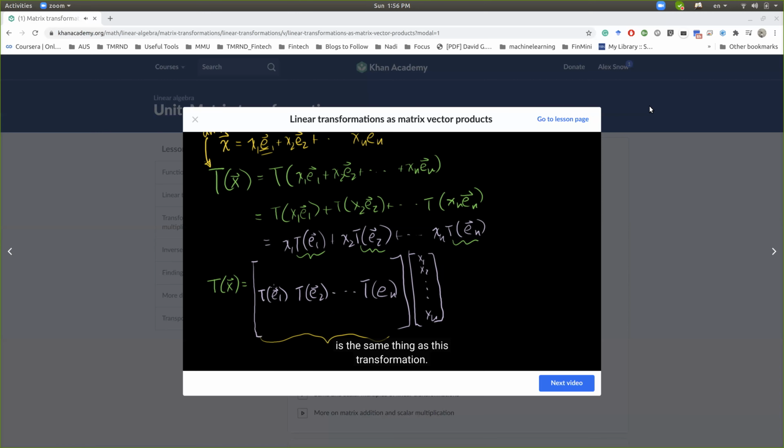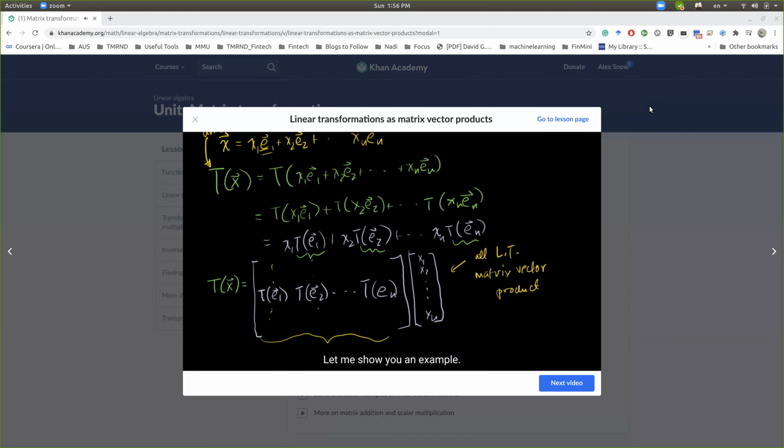So this is essentially showing you that all linear transformations can be represented by a matrix-vector product. Not only did I show you that you can do it, but it's actually a fairly straightforward, simple operation to do.